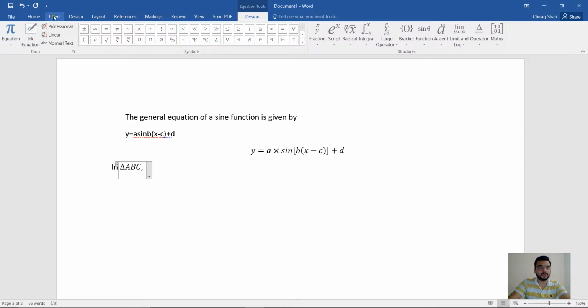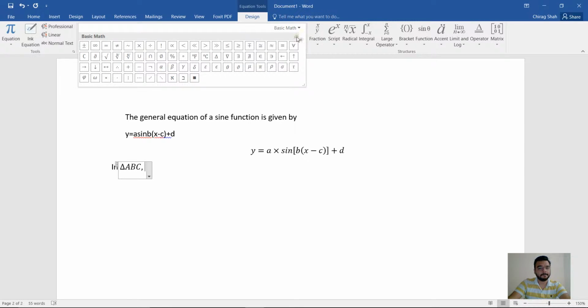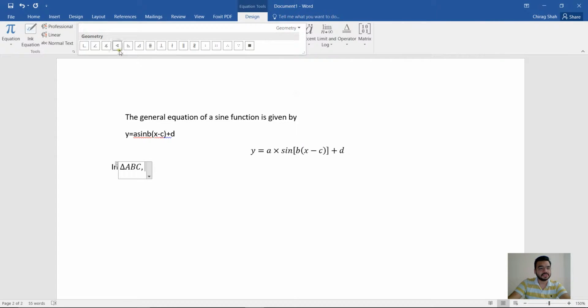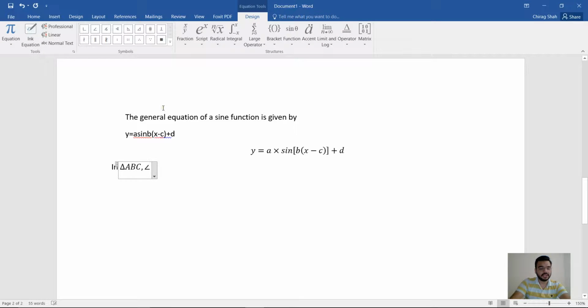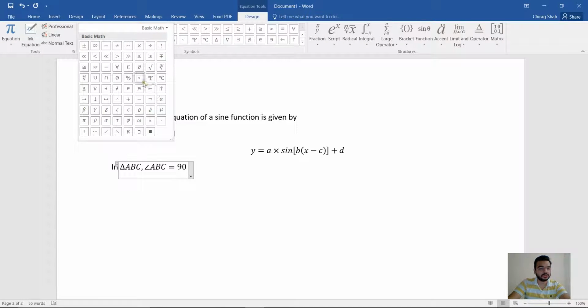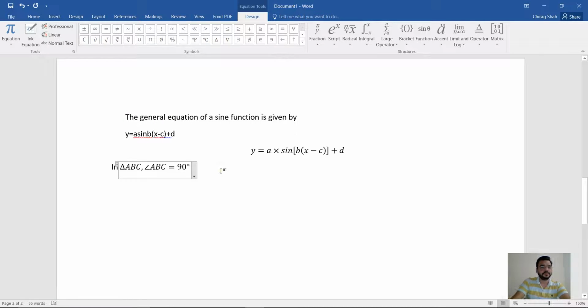So I'll again go to the equation mode and show angle ABC. So I'll click on this. Angle ABC is 90°. To show that 90°, the degree symbol, we go back to the math mode and I can click on the degree symbol over here.